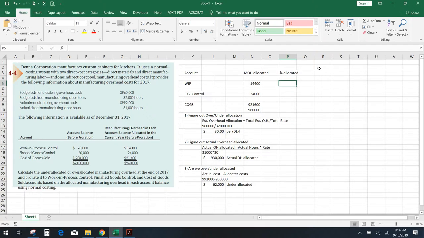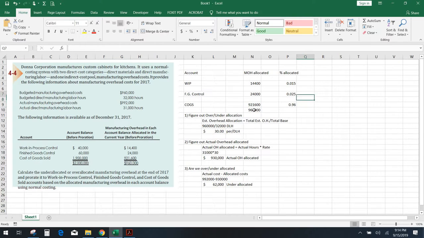Okay, and to find that, all we have to do is take this number, divide it by the total allocated, and that looks like 1.5%. Do the same thing here, divide it by the total allocated, and it looks like most of it was allocated to cost of goods sold. That's 96%.